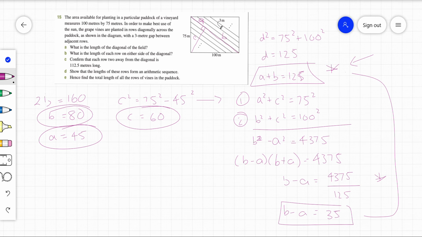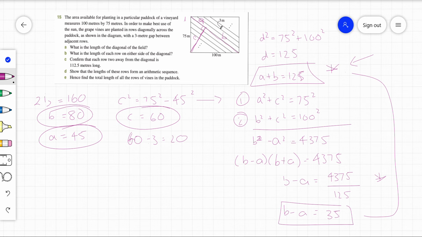So if, for example, C goes all the way down here, and because we know that every 3 meters there's another row of vines, I see how many 3's fit into that 60. That's pretty easy, right? 60 divided by 3, we get 20. So we're going to have 20 rows.